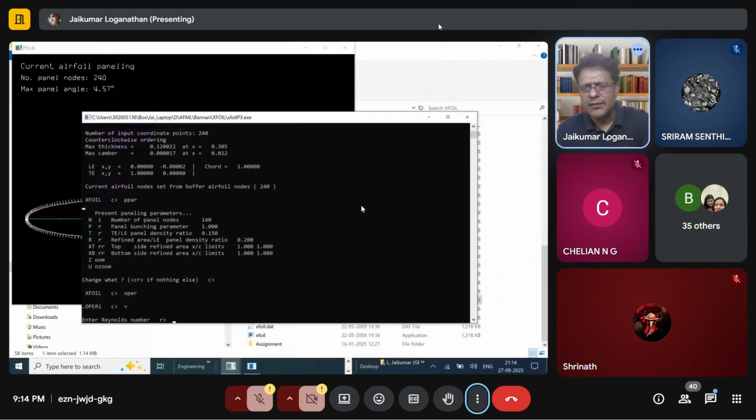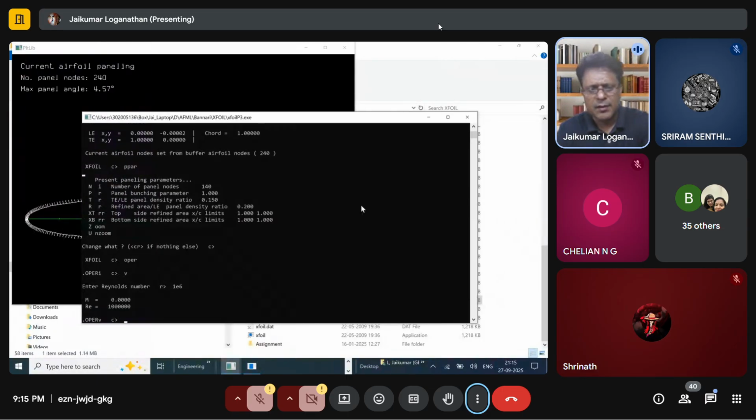So rho is the density, V is the characteristic velocity or the free stream velocity, d is the characteristic length, which for an airfoil is the chord length, and mu is the dynamic viscosity, which is usually 1.8e-6. If you look at a typical aircraft airfoil, it operates between 0.1 million to about 1 million Reynolds number. So we can give 1 million, which is 1e6.